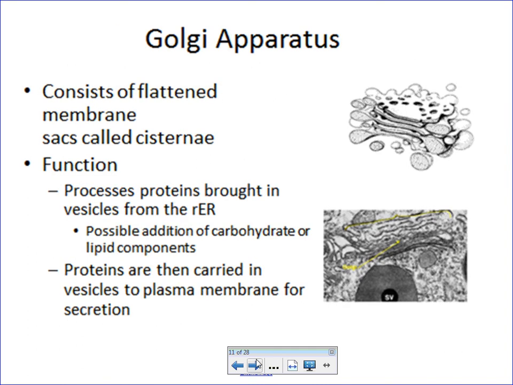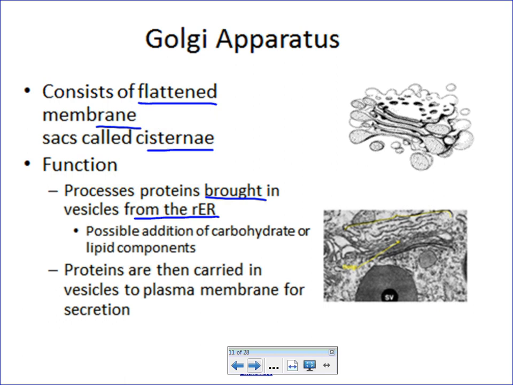The next organelle we'll consider is the Golgi apparatus. So the Golgi apparatus as well consists of flattened membrane sacs, also referred to as cisternae. The function of the Golgi apparatus is to process proteins brought in vesicles from the rough endoplasmic reticulum.